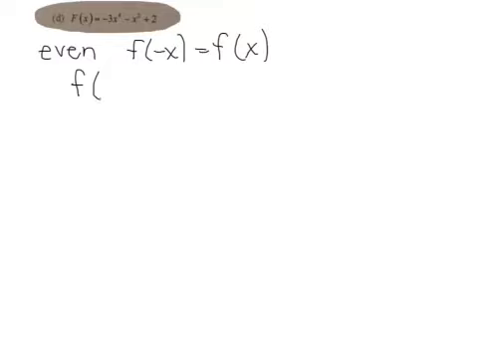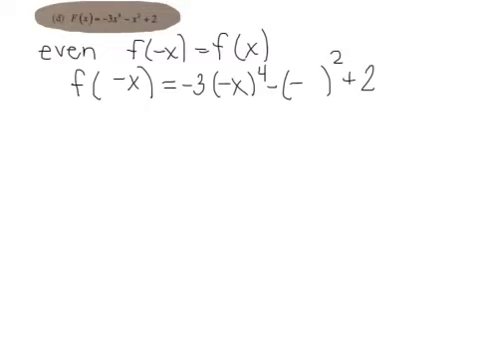For D, let's check even. I'm just going to write this out again, and I'm going to compare with the original function. So this is a negative x, this is a negative x.